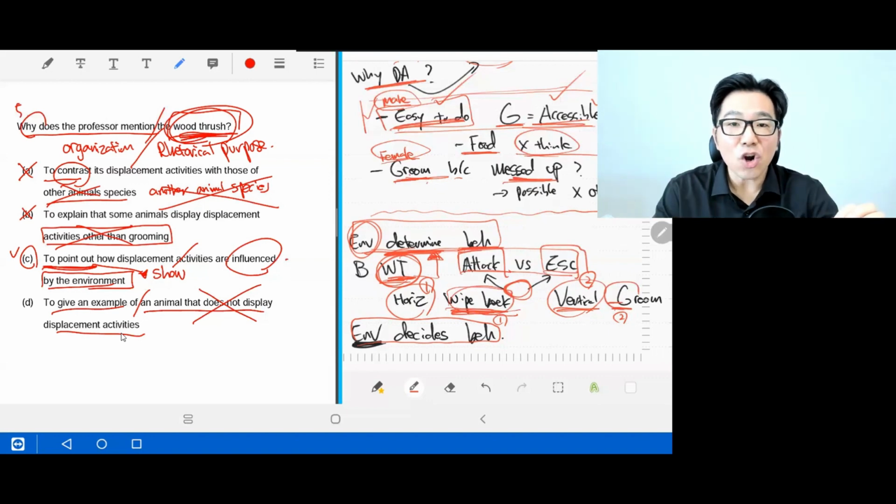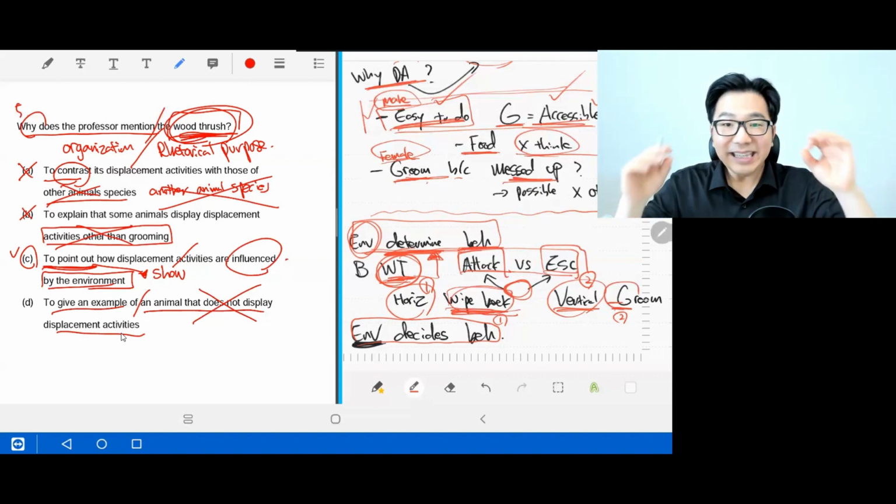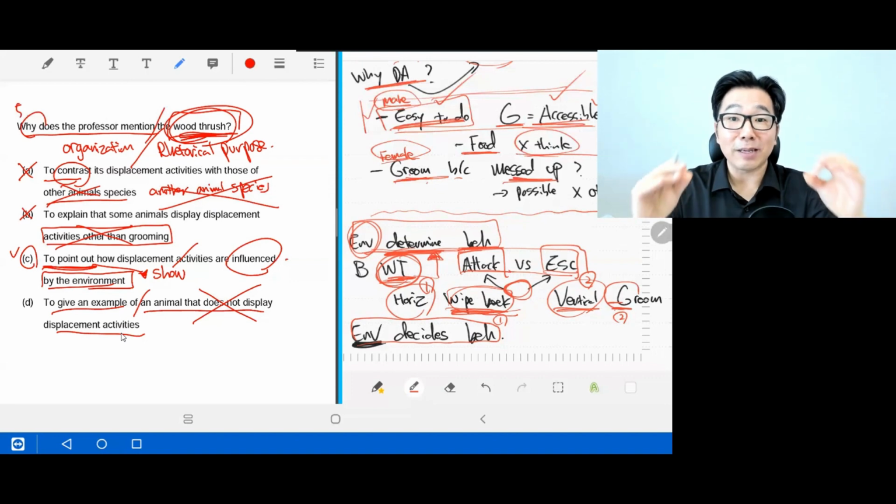But the point here is they showed different types of displacement activities based on different environments. Okay, so D is clearly wrong because the wood thrush showed displacement activities, but D said example of an animal that does not show displacement activity. So this is wrong.